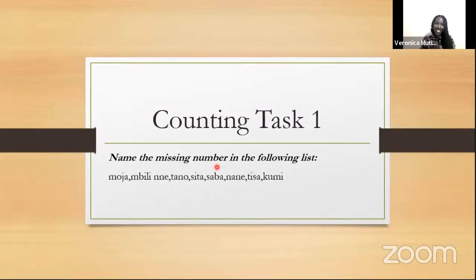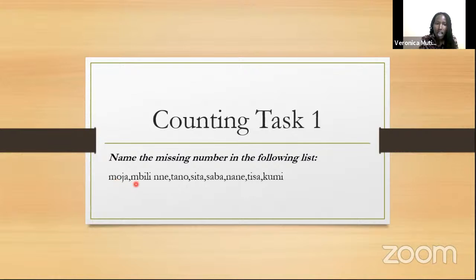So let's see what we have. We have a counting task. What I want you all to do is to look at this list and tell me what number between 1 and 10 is missing. So let's see who goes first.